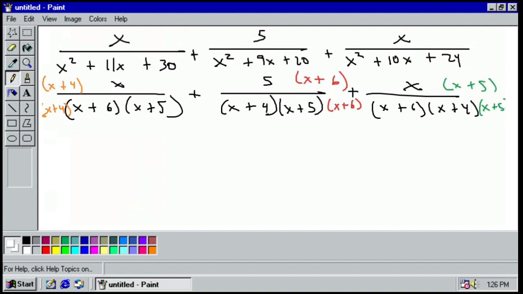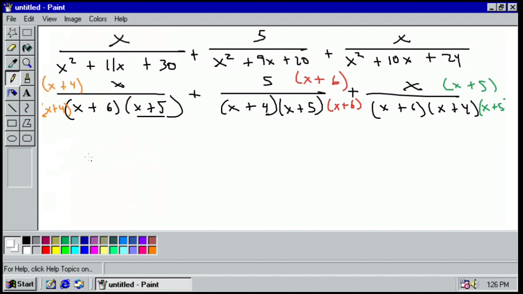Now simply multiply it. As you can see, we now have x plus 4, x plus 6, and x plus 5 on all sides of the fraction. So we can now easily put them into a single fraction.